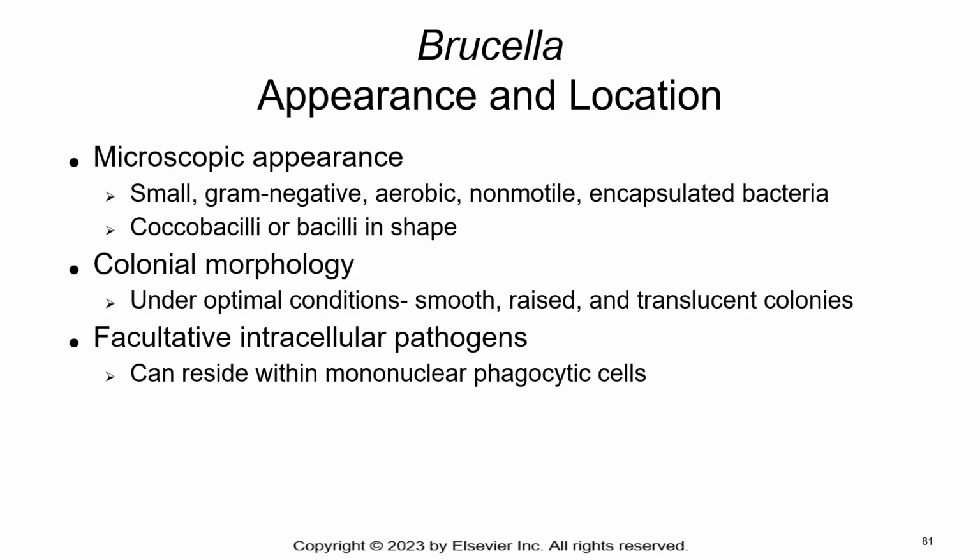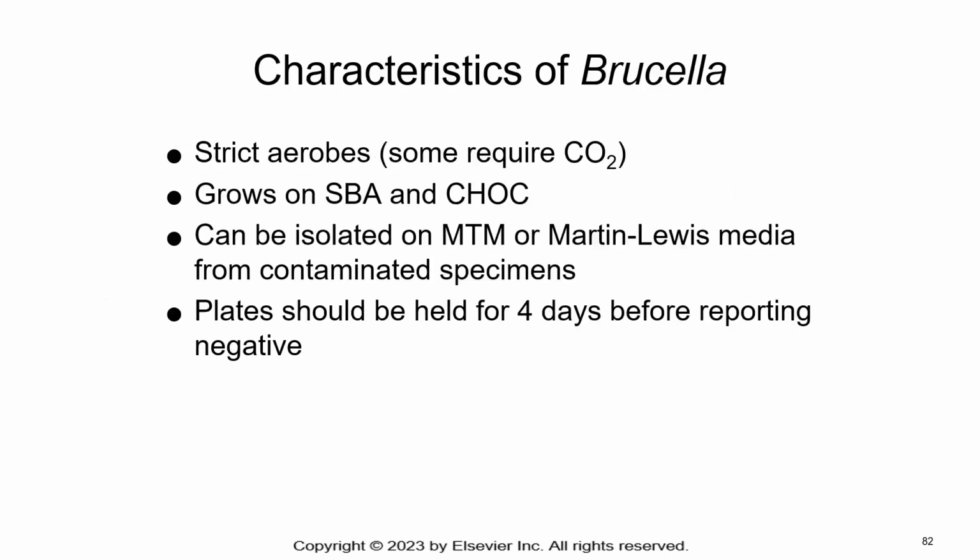Microscopic appearance is a small gram-negative, aerobic, non-motile, encapsulated bacterium, coccobacilli or bacilli in shape. Under optimal conditions, it forms a smooth, raised, and translucent colony, and can reside within mononuclear phagocytic cells. They are strict aerobes, grow on SBA and chocolate, and can be isolated on MTM.